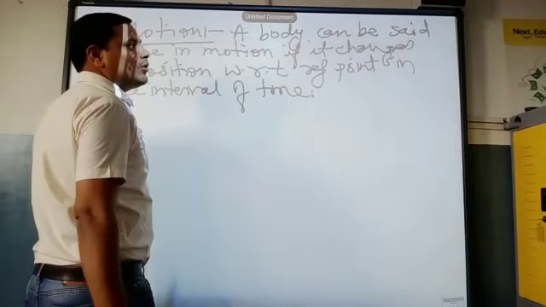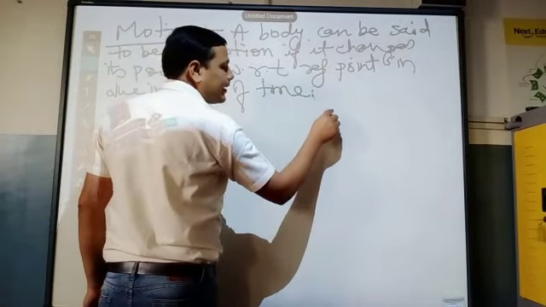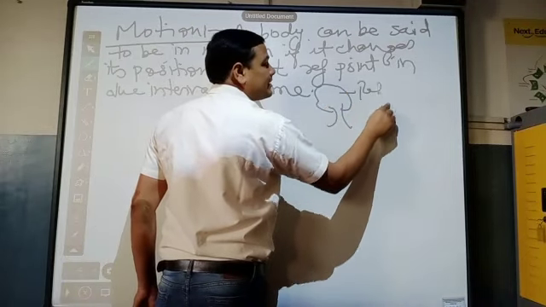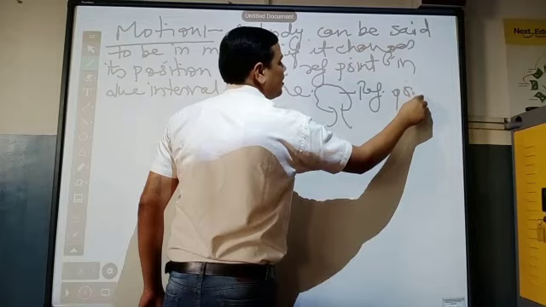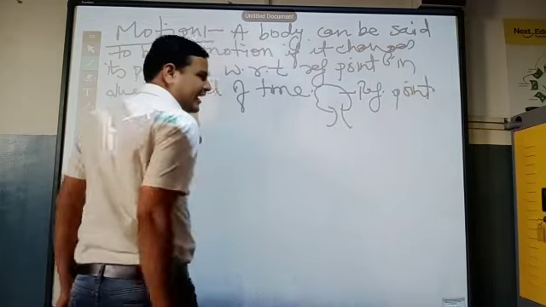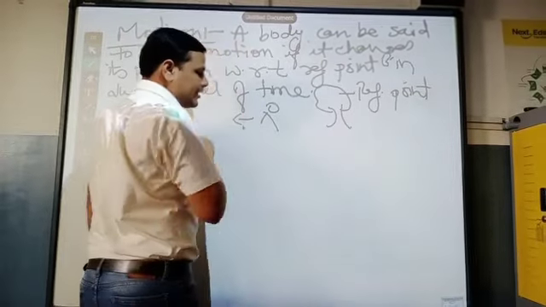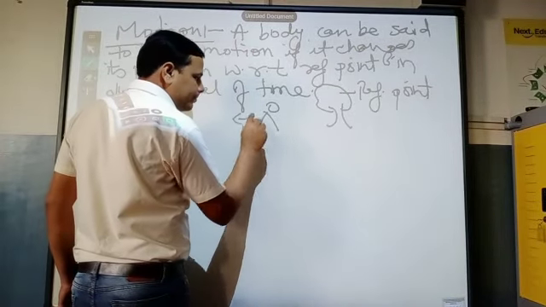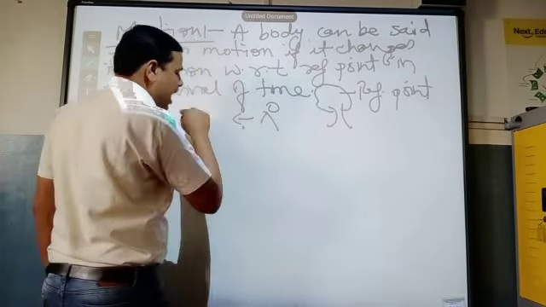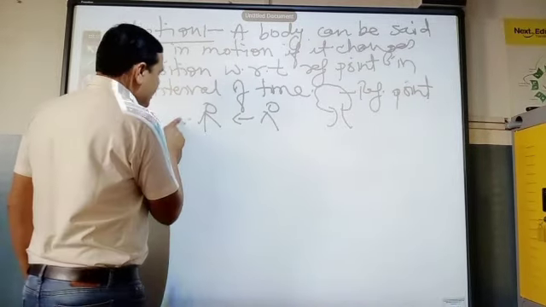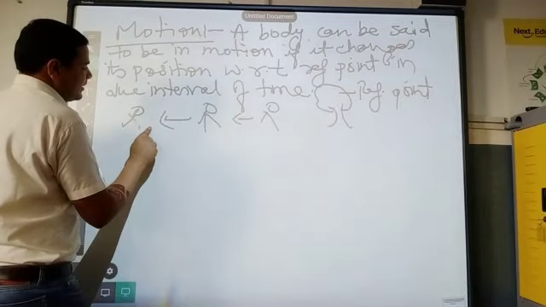Now let us give one more example. Suppose again we are taking the same tree. This tree we are considering as a reference point. And a person is moving. Suppose in the morning, the person is at position A. After 1 hour, the person came here. After another hour, the person is here.